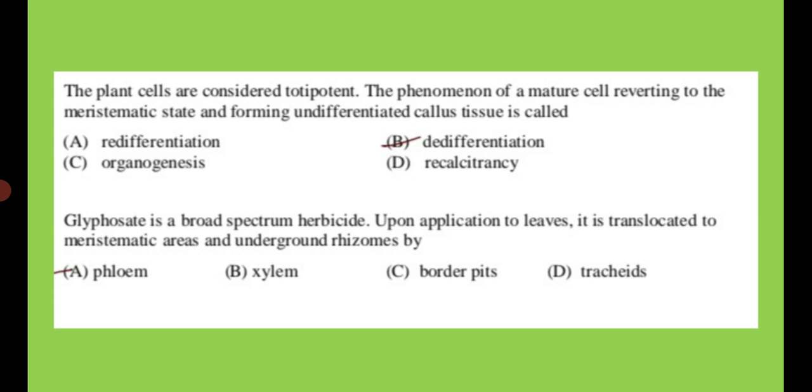It inhibits a plant enzyme involved in the synthesis of three aromatic amino acids, that is tyrosine, tryptophan and phenylalanine. So it inhibits the growth of herbs and it gets translocated to underground rhizomes or roots through the phloem system. So option A is the answer for this question.